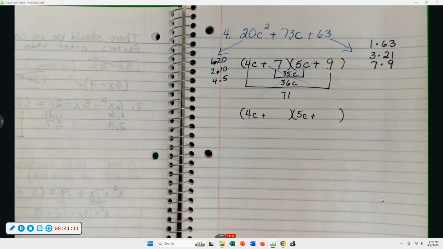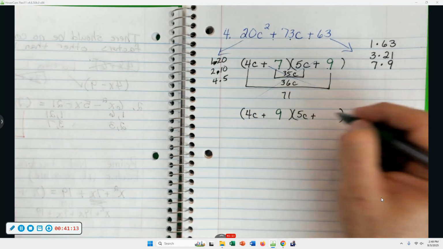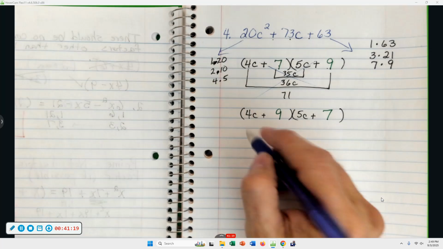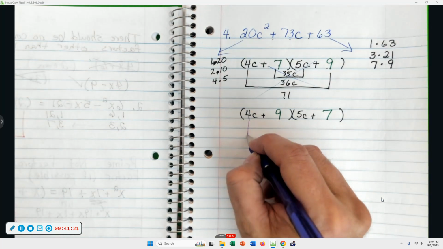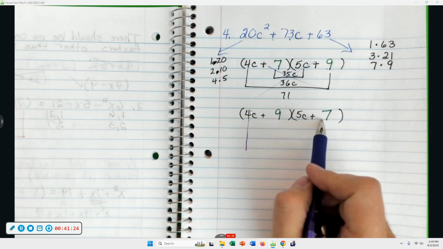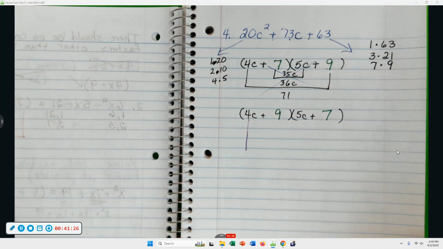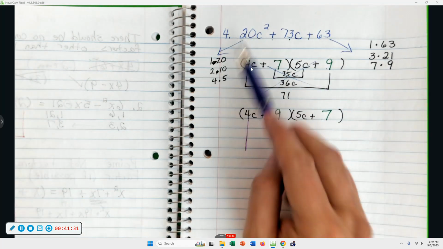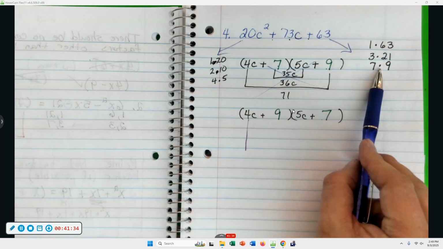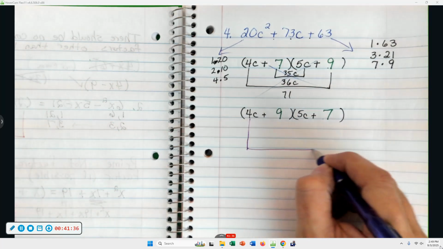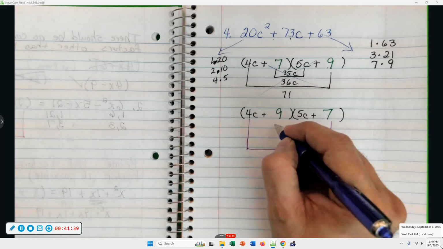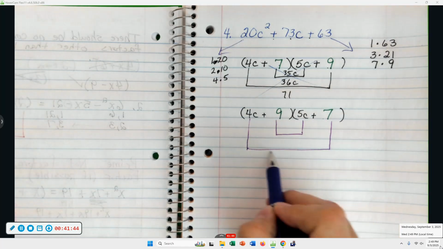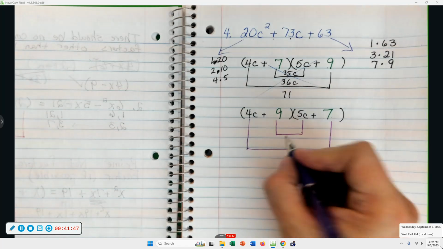Let's try reversing the 7 and 9. What's the outer product? The inner product we know, it's 20c squared. 4 and 5 are going to give 20. The first is going to be 20c squared. The last is 63. So all we're interested in is the outer and the inner. What's that outer going to be? 28c.